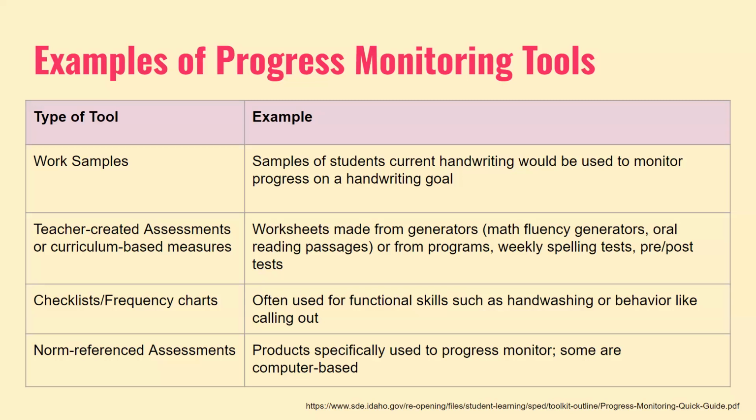Finally, norm reference assessments are also used often to monitor progress. These products are specifically purchased by schools to progress monitor. Many of these are now computer-based programs and are usually done very quickly and efficiently, sometimes in just 1-minute probes.